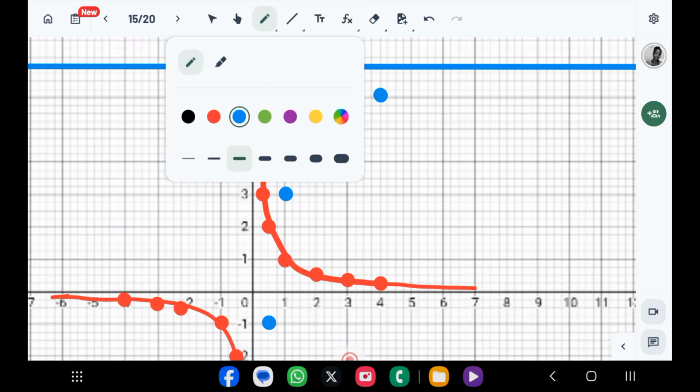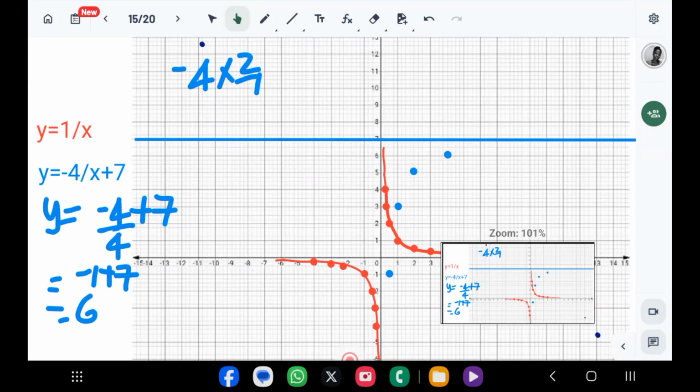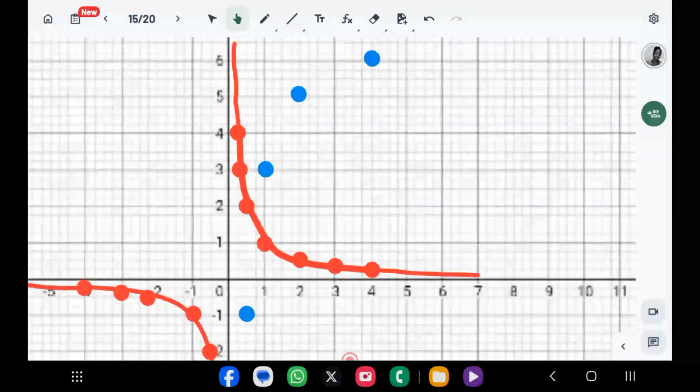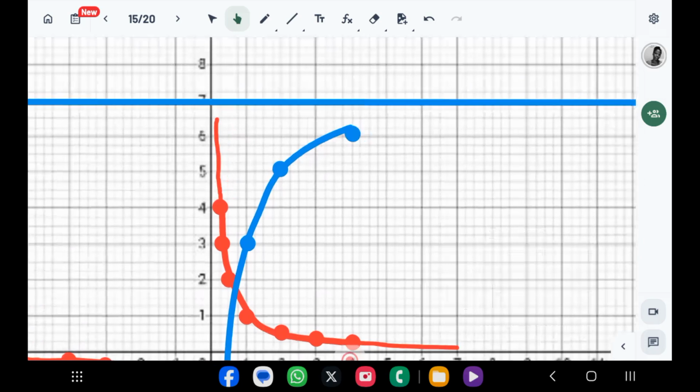Let's try and join the points of the graph. Alright. Now the tail will go like that.